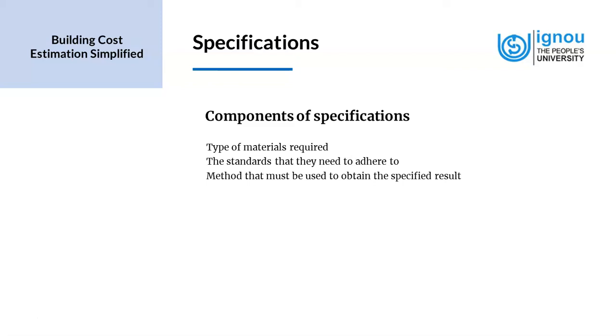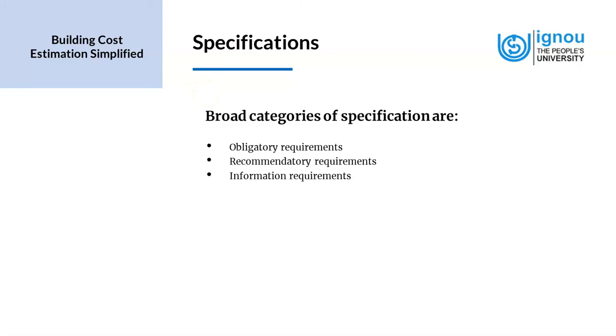An example would be when we mention a particular curing system for brick, whether it is water cure or steam cure. So the specifications and drawings together form the guide for the standard of performance to be met while executing a project. Drawings provide technical information, while specifications, in addition to technical information, also communicate legal implications.